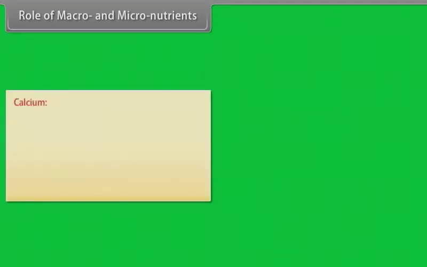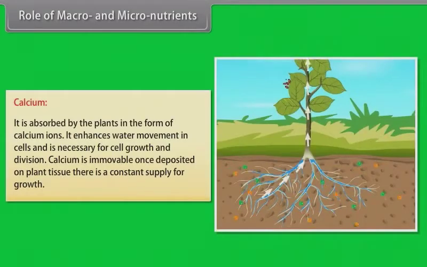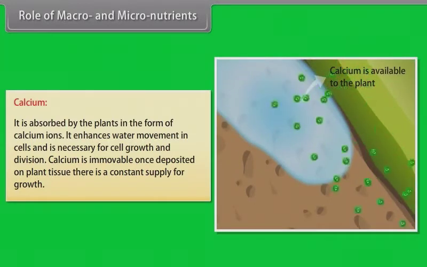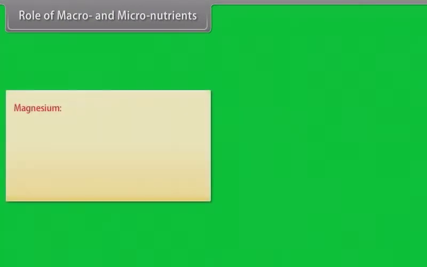Calcium. It is absorbed by the plants in the form of calcium ions. It enhances water movement in cells and is necessary for cell growth and division. Calcium is immobile. Once deposited in plant tissue, there is a constant supply for growth. Magnesium.